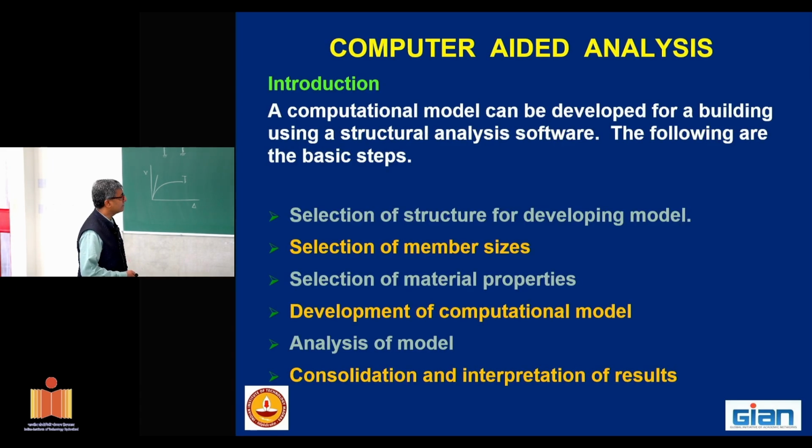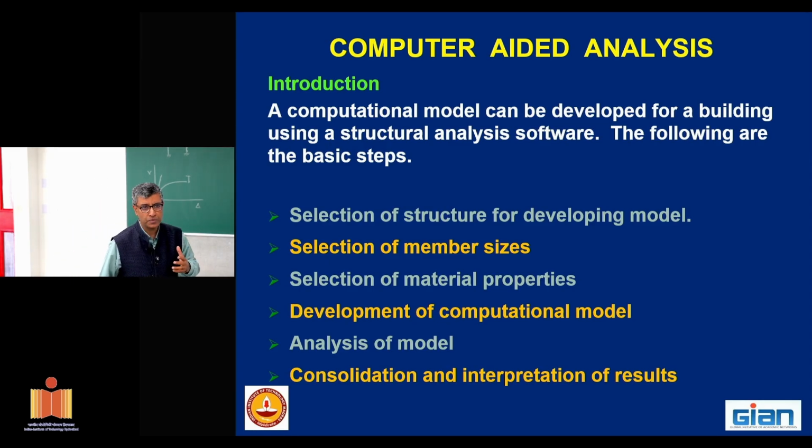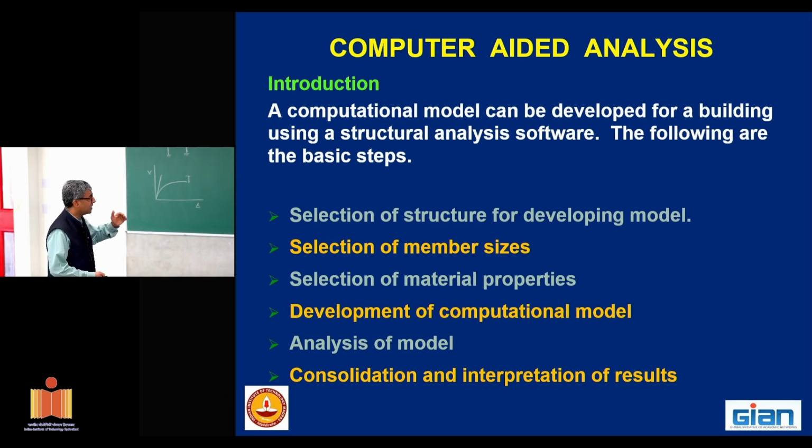Computer-aided analysis: whenever you have a software, don't use it like a black box. You should appreciate that there are persons like you who have developed the codes. Hence, you should also do it in a methodical way whenever you are using software. The steps are: get the structural system out of a building.